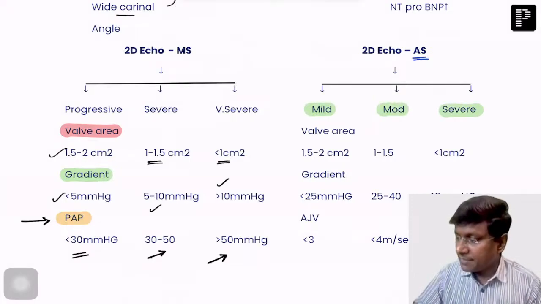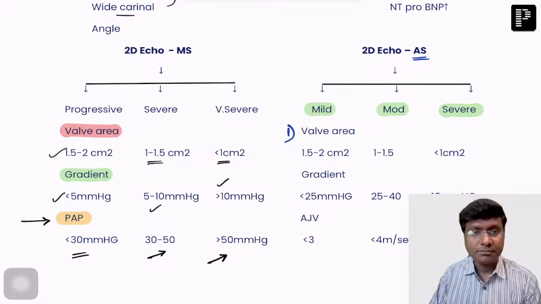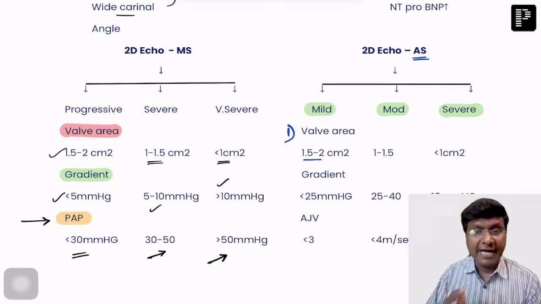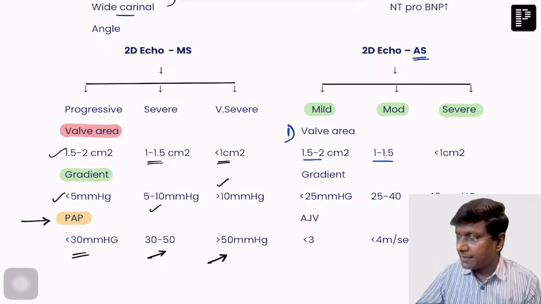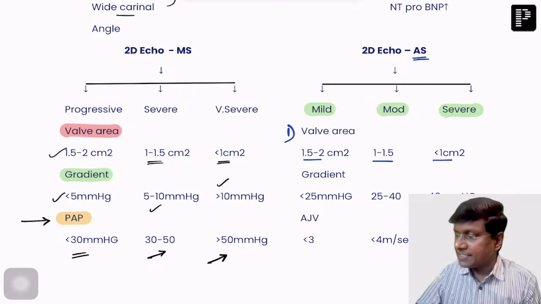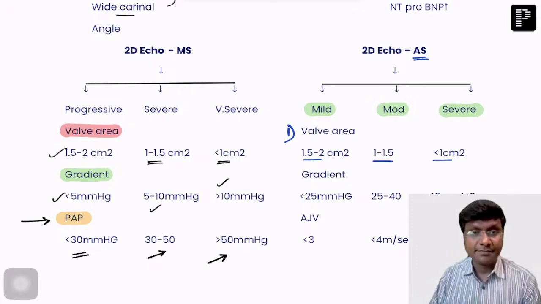So the first parameter that we take is valve area. If the valve area is 1.5 to 2 centimeters square, we call it mild. When valve area is 1 to 1.5 centimeters square, we call it moderate. When valve area is less than 1 centimeter square, we call it severe.